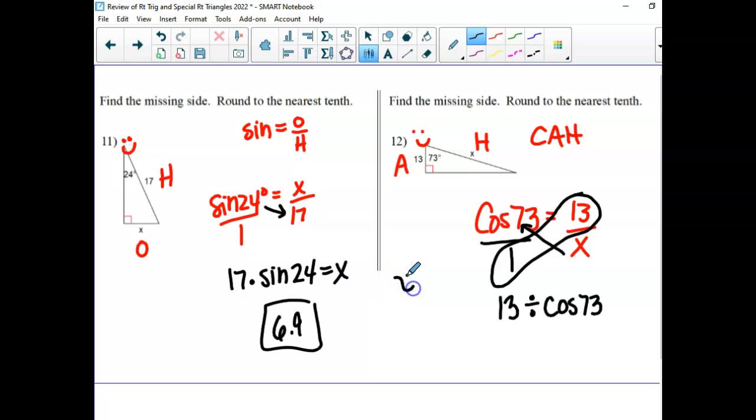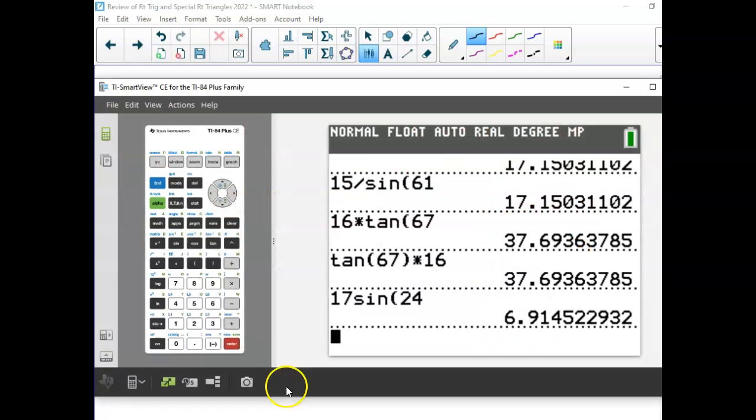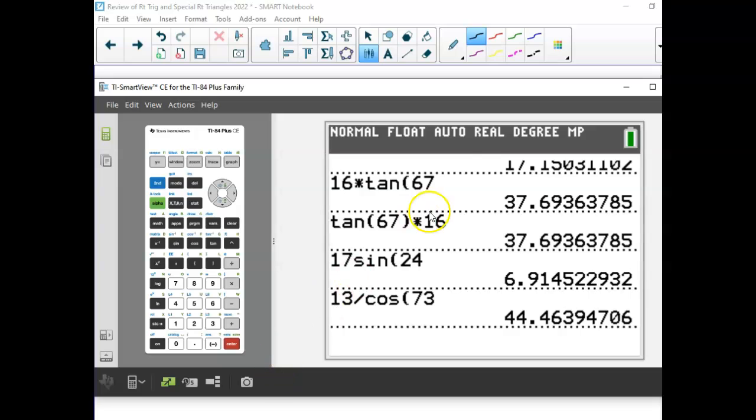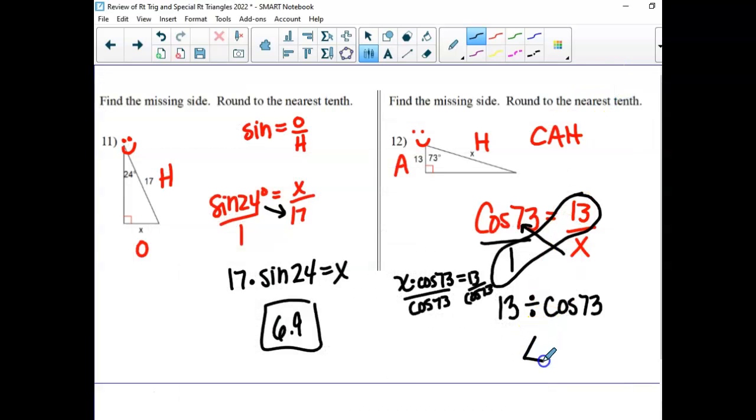If you cross multiplied, you'd have x times the cosine of 73 equals 13, and then you would need to divide by the cosine of 73. I just don't usually bother to write that out. So 13 divided by the cosine of 73. I got 44.5. Anybody else? It should be the longest side in the triangle, but definitely bigger than that 13. So we're good.